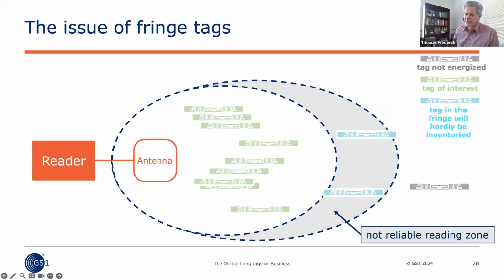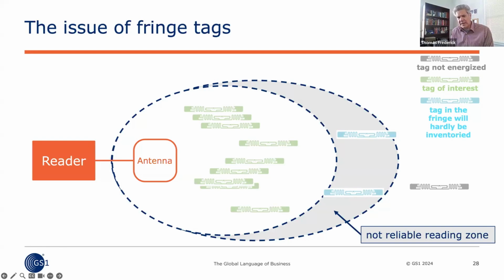There's a model that was sent around for this. It's available. It's a throughput issue. If you've got a lot of tags in the read zone and you see a 25% reduction in throughput, this could be the drag on it. The tags come up and they respond.